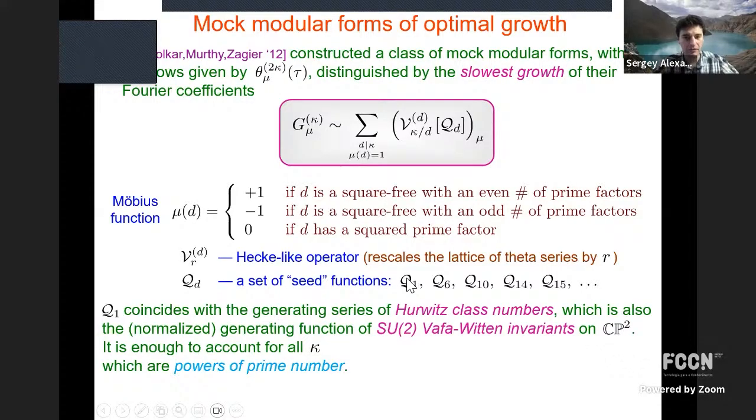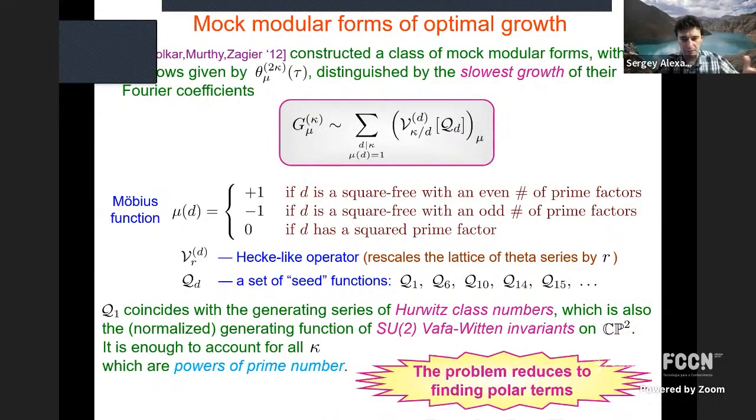And you see that this single function is already enough to capture all results where the intersection number of the Calabi-Yau is a power of a prime number. So all solutions of the anomaly equations are captured by this single function.